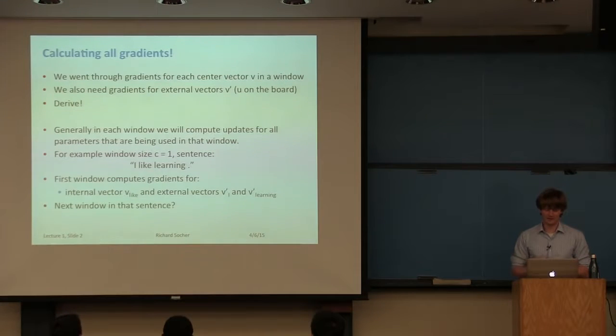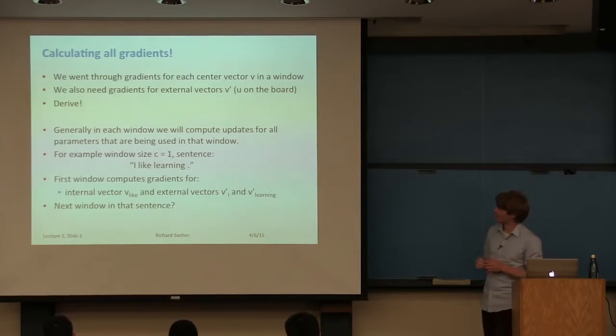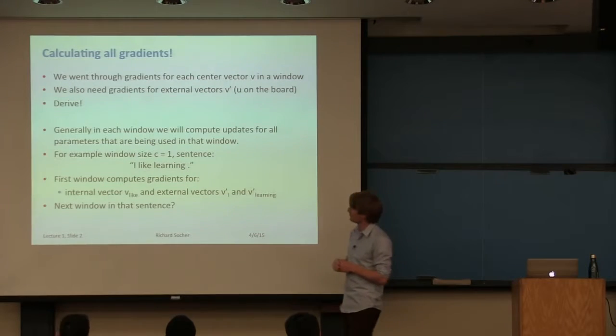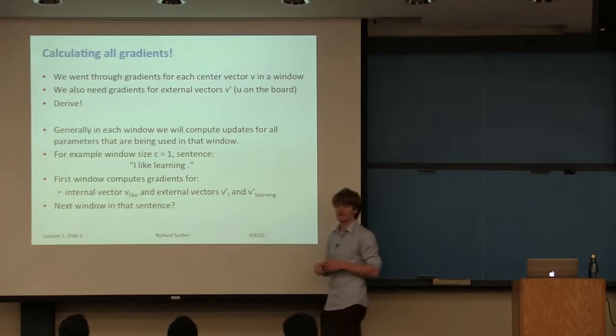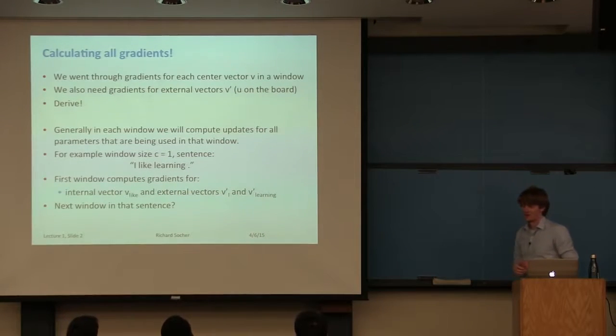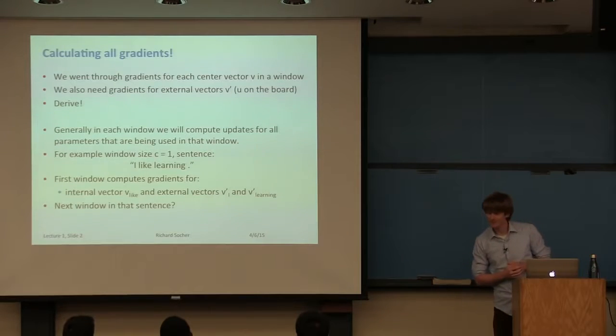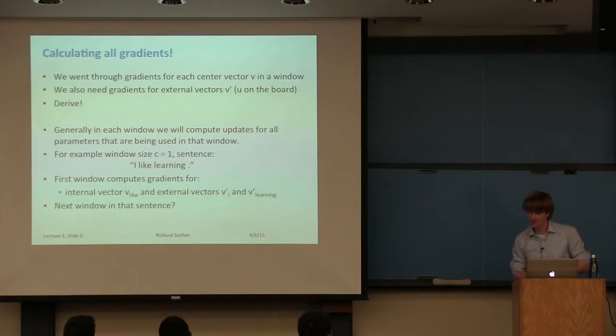What would be the next word vectors that we would update in that sentence, going one to the left and including the sentence period? Like learning period? Yeah, so v prime "like" and v prime "period" and v "learning." Exactly.